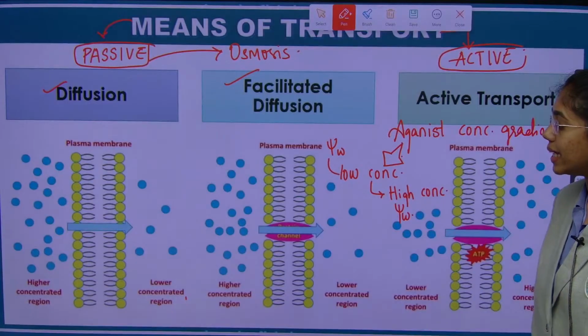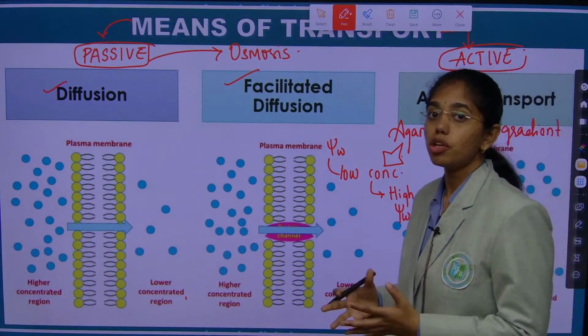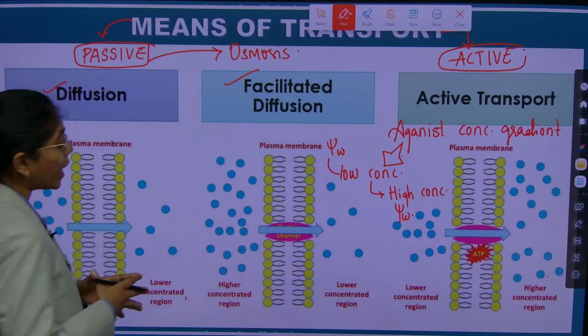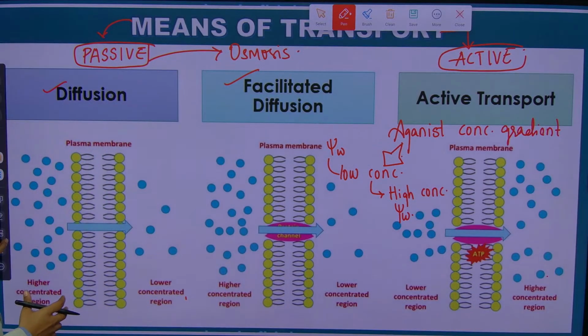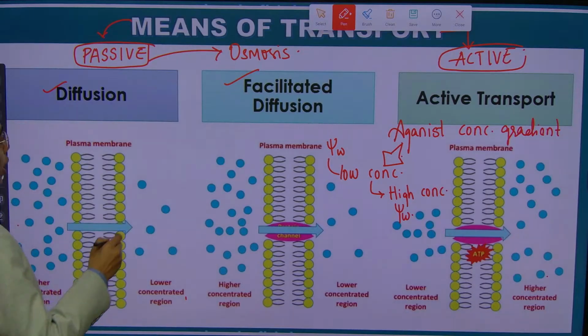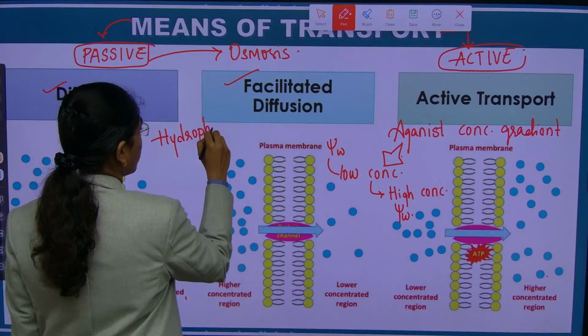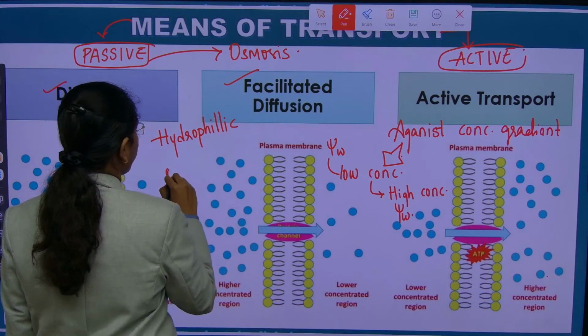Facilitated diffusion is for those molecules which have a hydrophilic moiety. What does this term mean? What is a hydrophilic moiety?